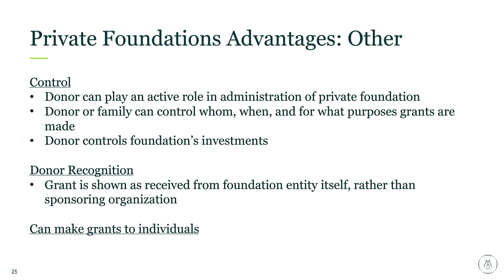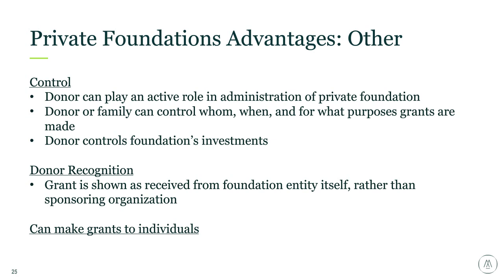They can also control whom, when, and for what purposes grants are made. So again, these are the people that donate the money. They're typically managing the organization, and they get a say on where the money goes. And then they also get to control the foundation's investments, which may be very important to them, since a lot of what these organizations do is manage their investments.